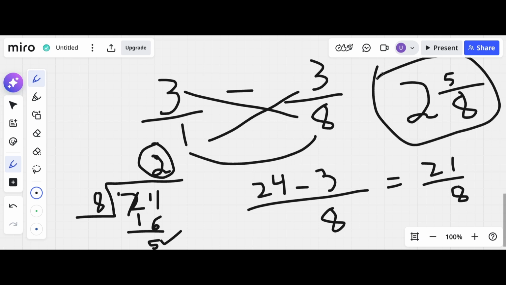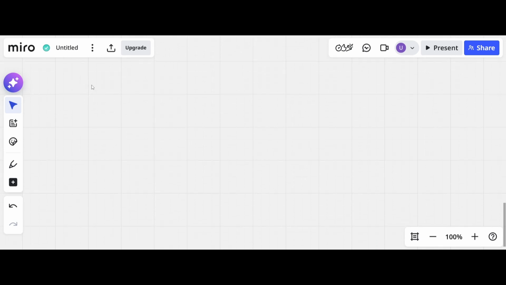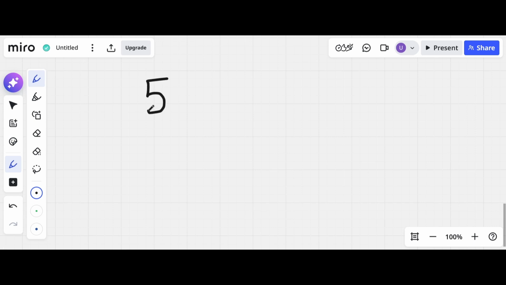We've covered subtraction, we've covered addition. Now we come towards multiplication. Now if I have this, there are two ways of doing this.